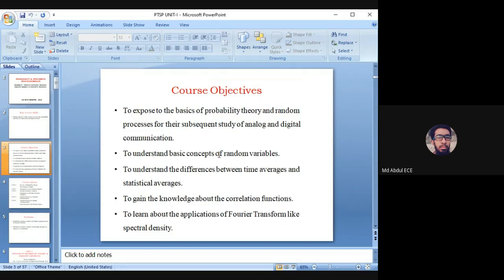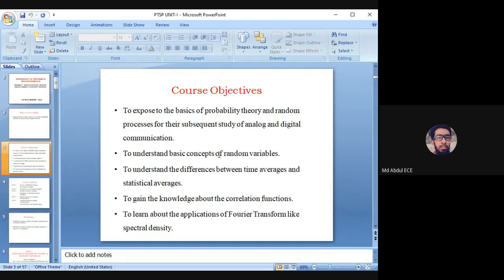The next is to understand the basic concepts of random variable, which will be covered in unit 1, and the extension we are going to see in unit 2. The third course objective is to understand the differences between time averages and statistical averages.